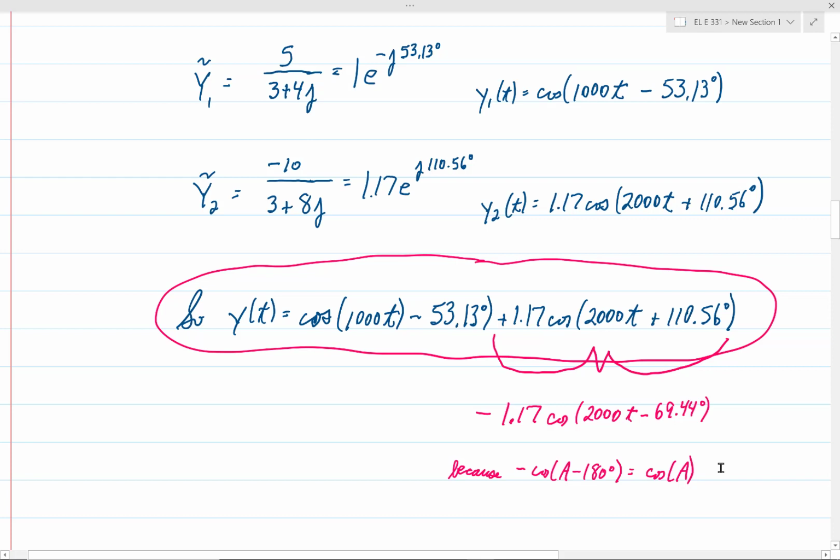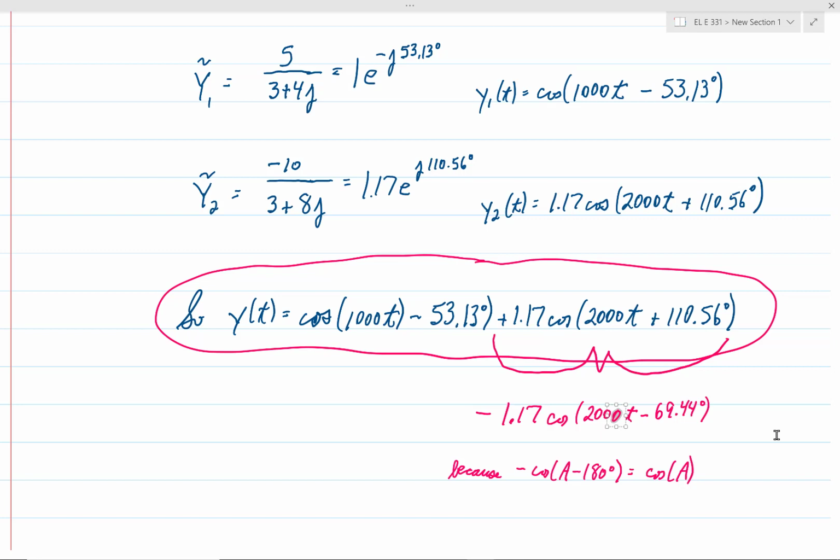So this answer and this answer for that second part of y of t, both of those are the same expression. Okay, and so that's how we would use superposition for a problem where the source has multiple frequencies.